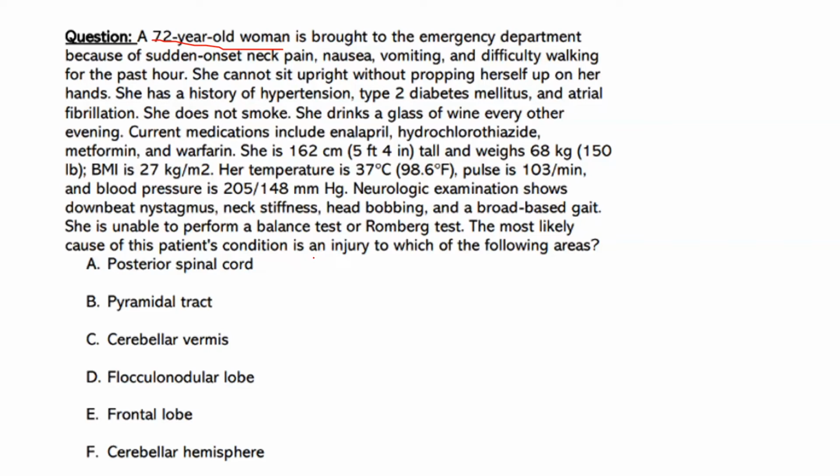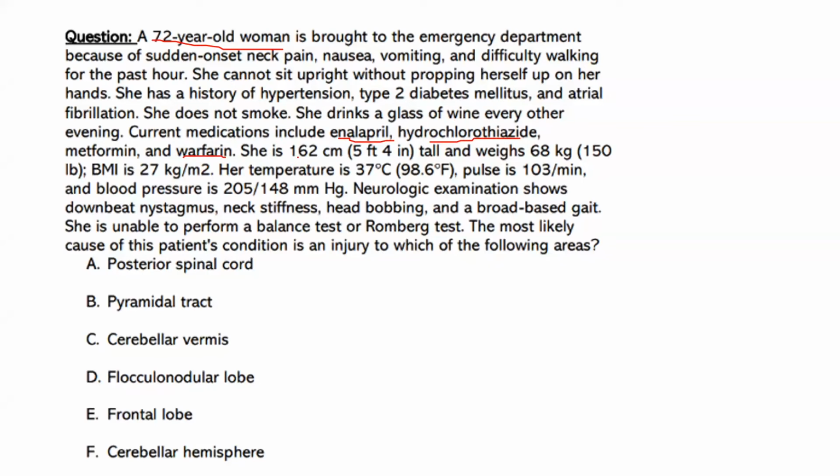Okay. So she can't sit upright without propping herself up on her hands. She has a history of hypertension, type 2 diabetes, and atrial fibrillation. She drinks a glass of wine. Her current medications include enalapril, thiazide, metformin, and warfarin.